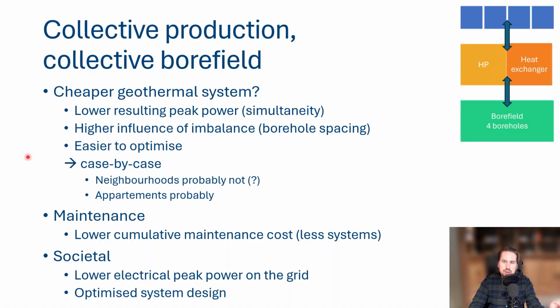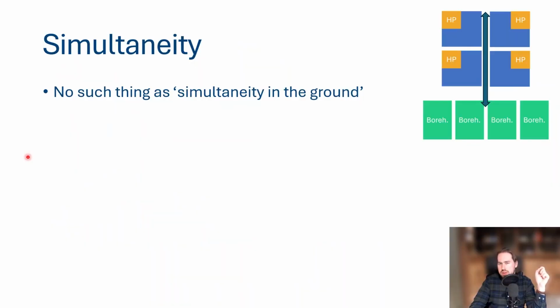Now, before we end this video, I want to stress one thing about simultaneity, because that's a discussion I had in the past. When you work with a central heat pump, you have real simultaneity, and when you work with individual systems, with individual boreholes, you don't have simultaneity. Now, there is often the discussion that these boreholes are in the same ground, so they interact with each other, which is called interference.